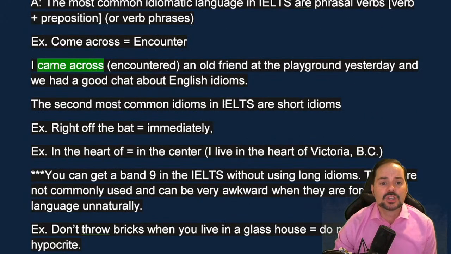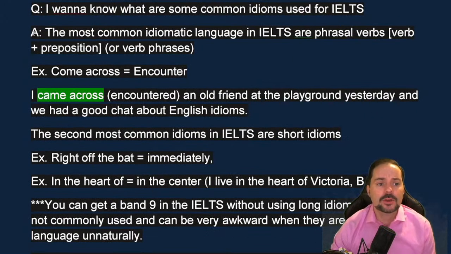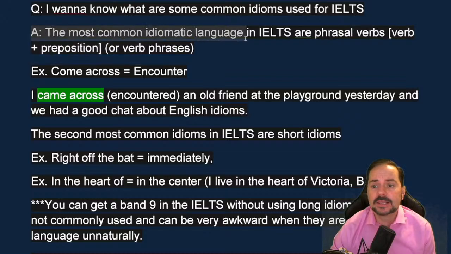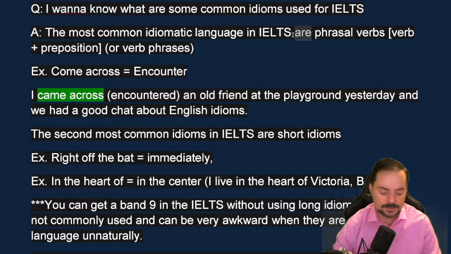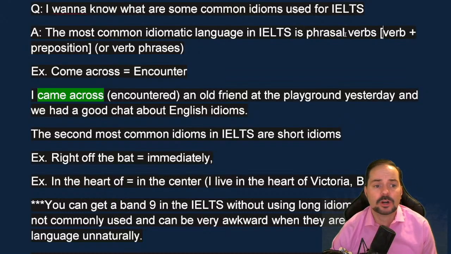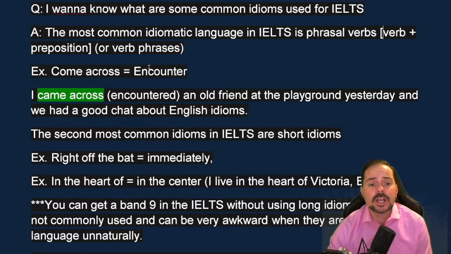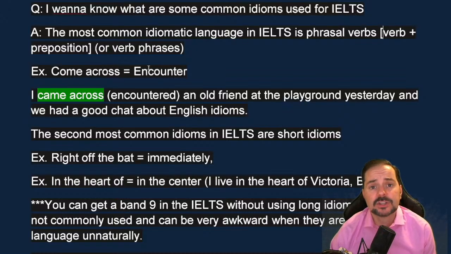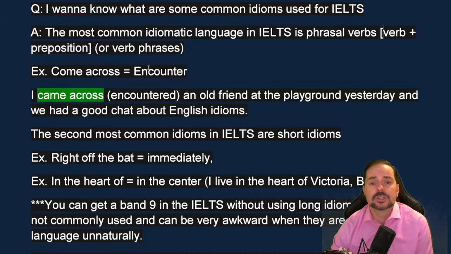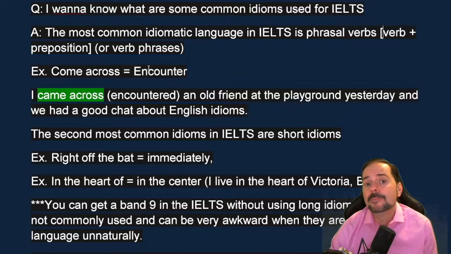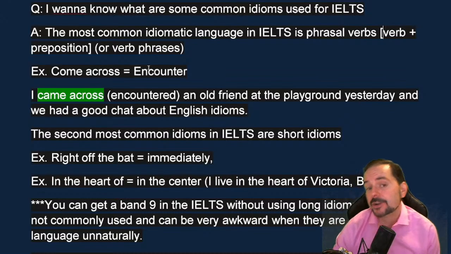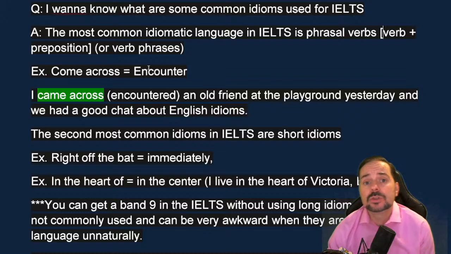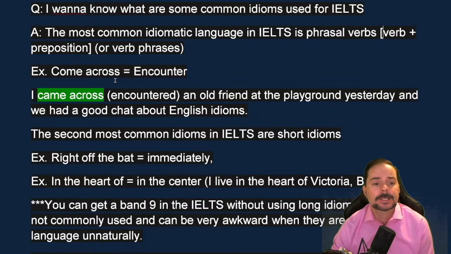So again, just to reiterate, the most common type of idiomatic language in IELTS is phrasal verbs. It's verb plus preposition, and you should know lots of phrasal verbs. Most students, when they get to an intermediate level of English or higher, know lots of phrasal verbs. So just use those.